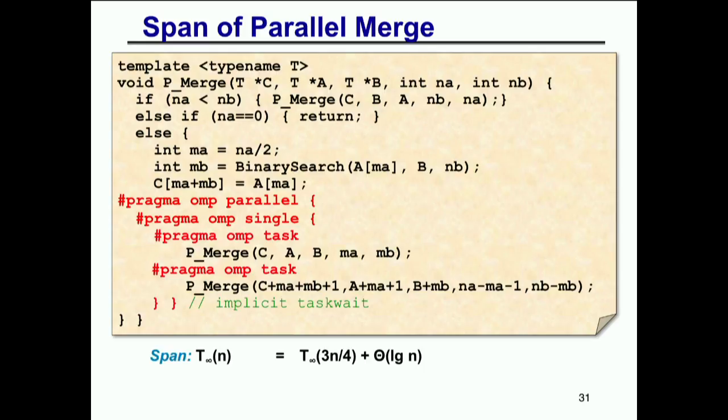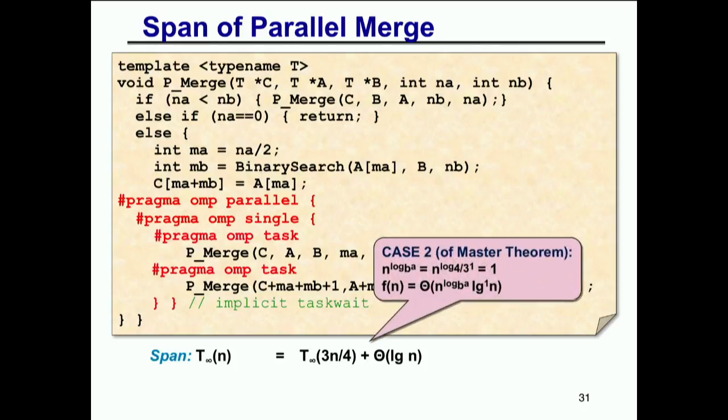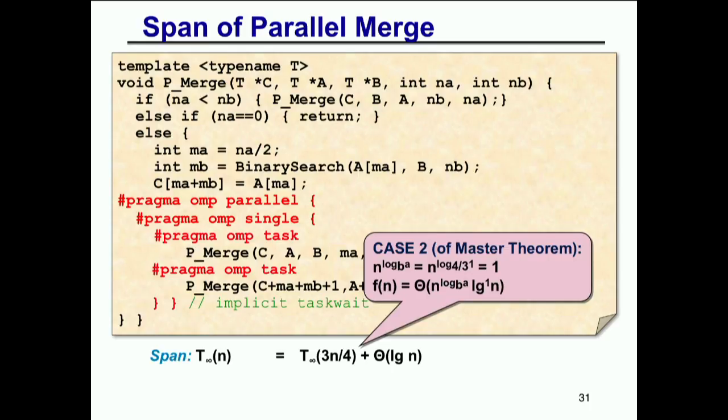The span is easy. Write T(3n/4) plus log n to find it, the binary search. Let's say I didn't parallelize binary search. And so this is the nicer one, remember, case 2 of the master theorem applies here. So I look at n to the log_b a, so it's 1. What about f(n)? Well, f(n) is larger than this, but they are within polylogarithmic factors of each other.